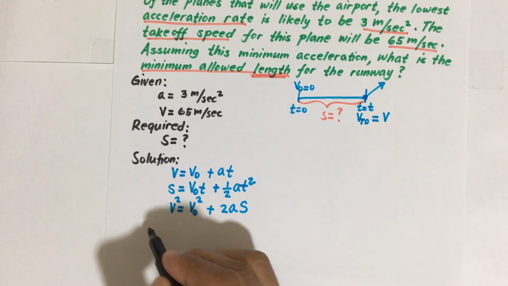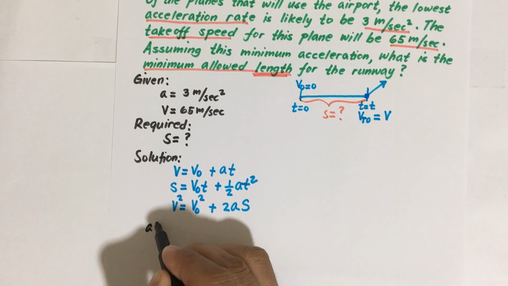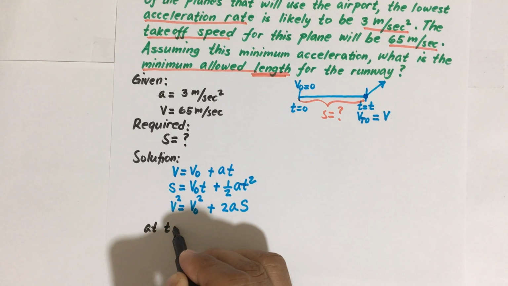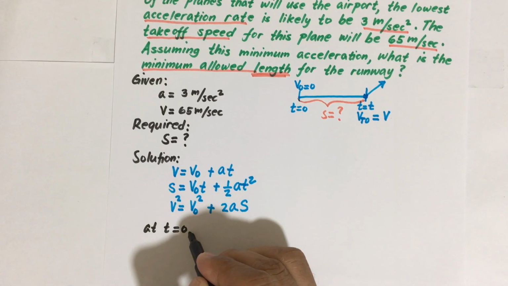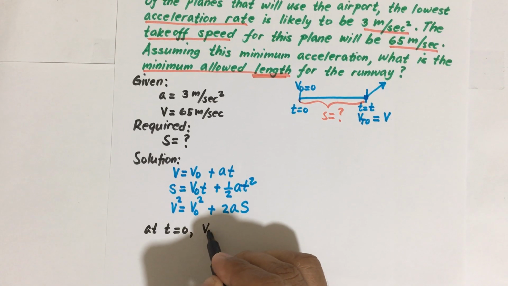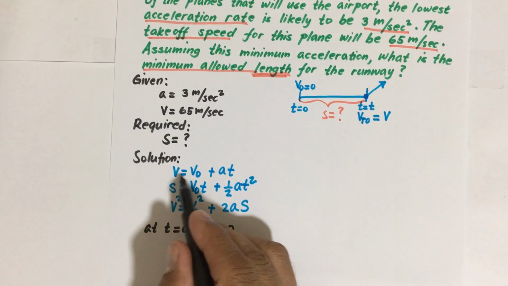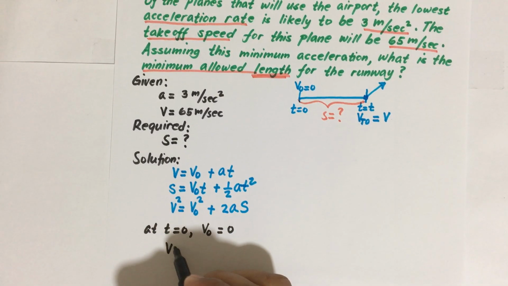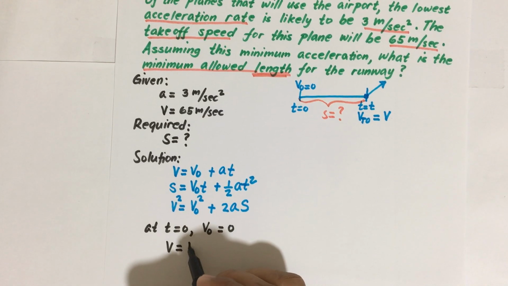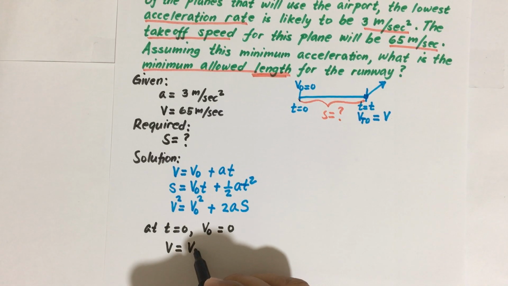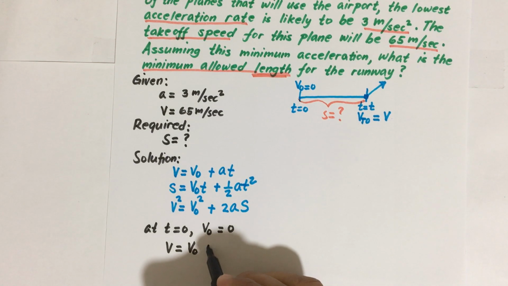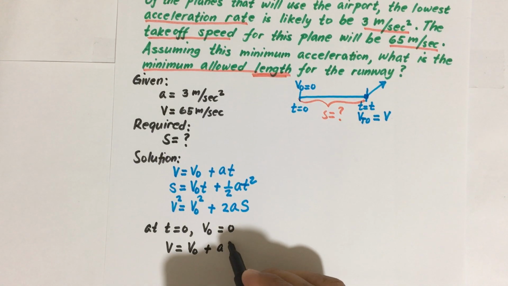So from this formula, we have v equal to v sub 0 plus a times t.